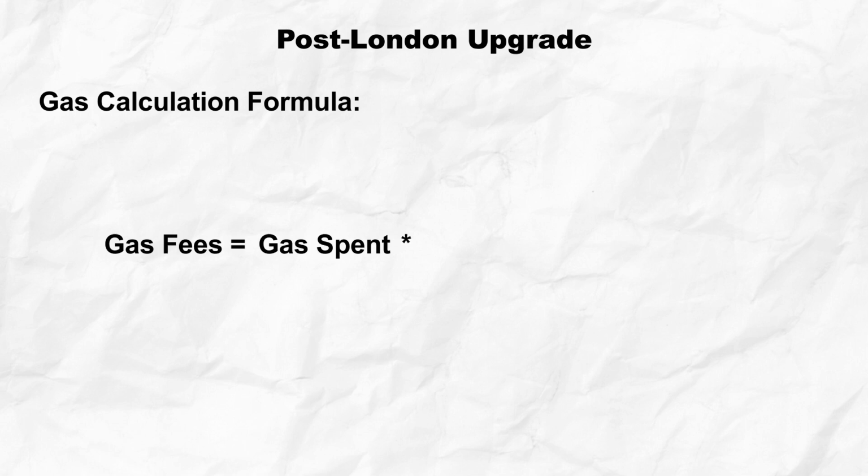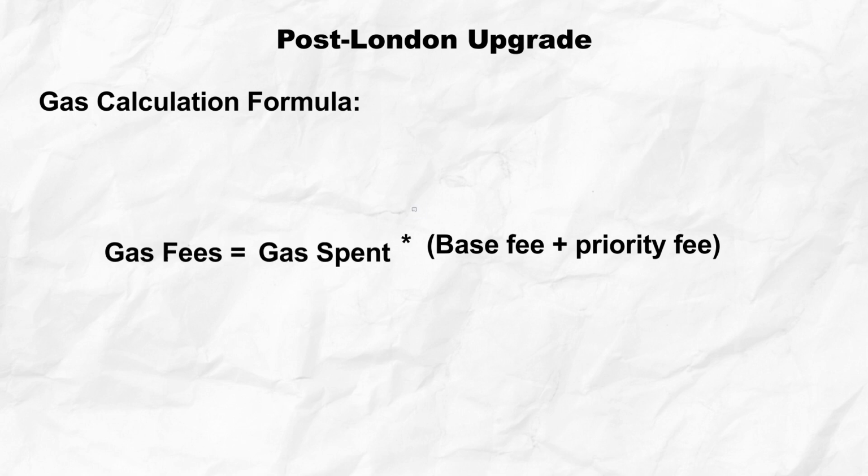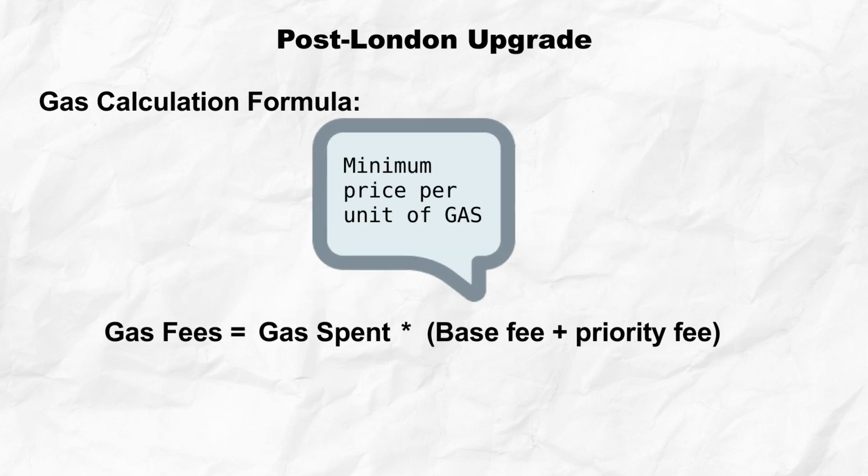The formula to calculate the gas fee was slightly modified to gas spent multiplied by base fee plus priority fee, where base fee is the minimum price per unit of gas for getting your transaction included within the block. This is calculated natively by the network based on the demand for block space.